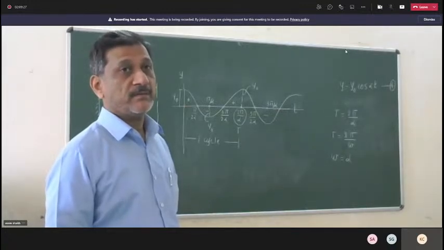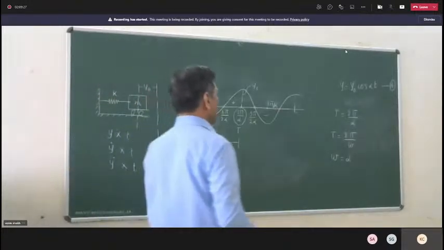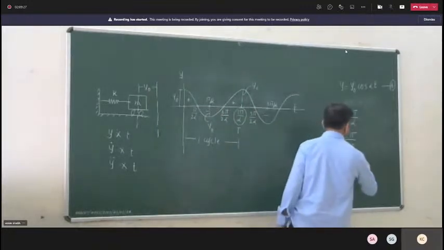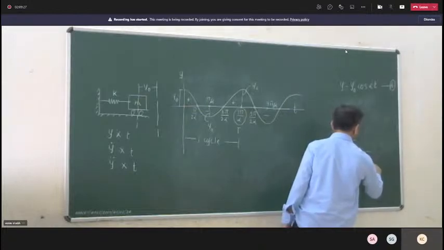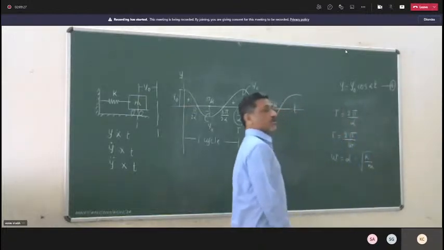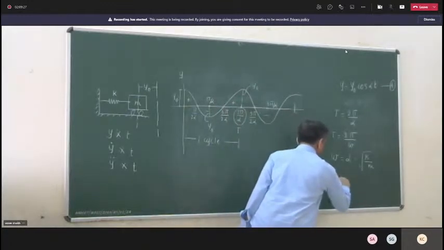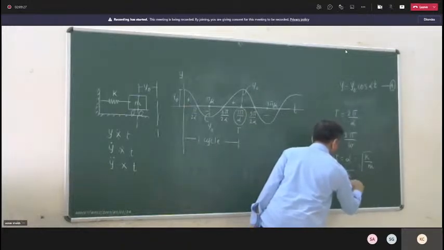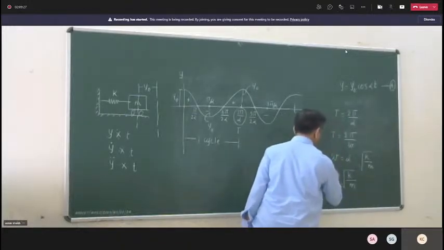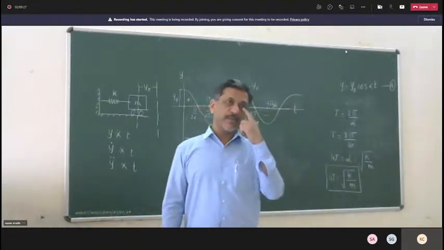So what is alpha? If alpha square is k by m, alpha is under root k by m. So the most important conclusion I am getting: the natural frequency of vibration is given by under root stiffness upon mass, k upon m.